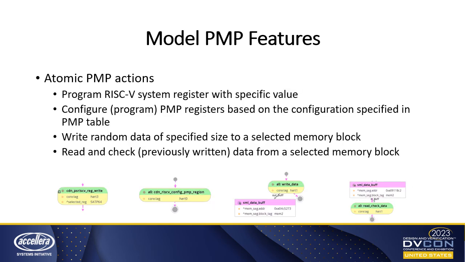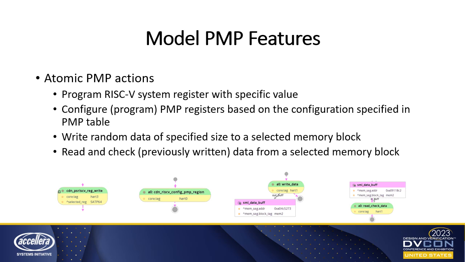There are also multiple other actions provided by the Perspec library. Some of them are a register write or a register access action, where it programs a RISC-V system register with a specific value. And there is a config PMP region, which we already discussed.